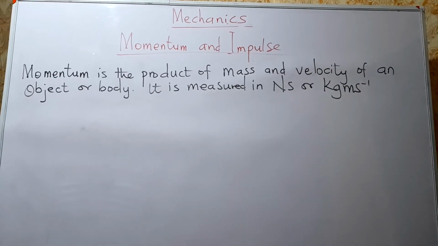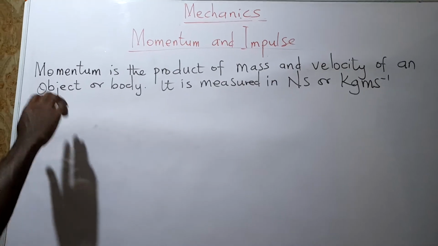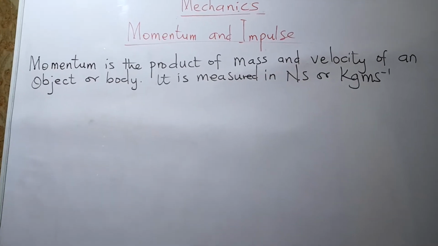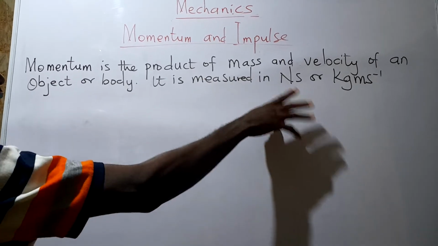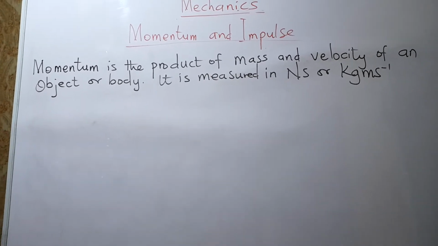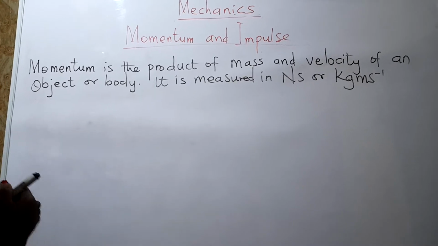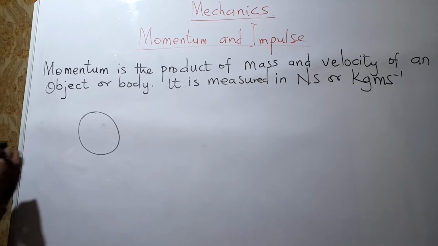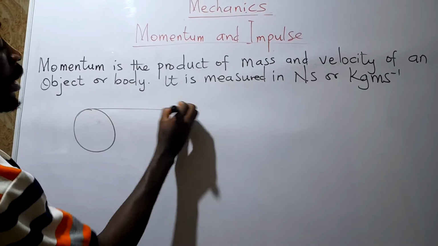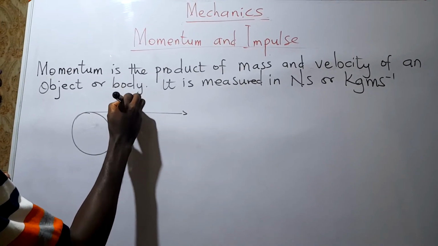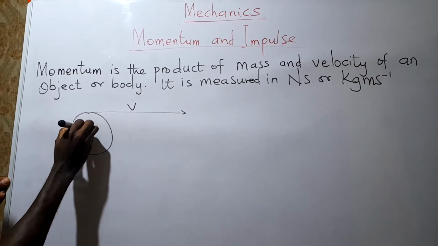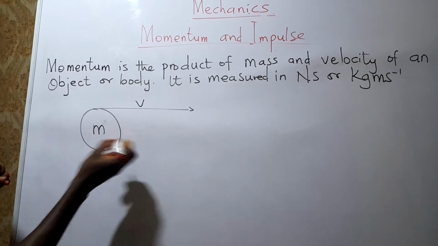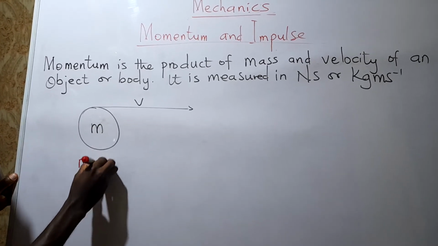So first off, let's look at what momentum means. Momentum is the product of mass and the velocity of an object or a body. It is measured in Newton seconds or kilogram meters per second. Let's say we have a ball moving at a speed v, and the mass of this ball is m.